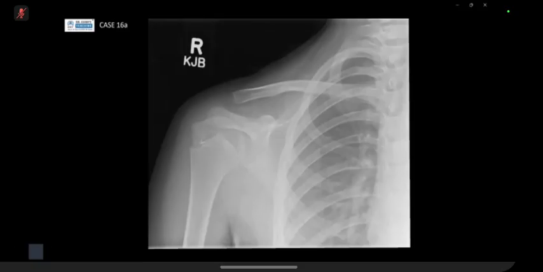I can see a widening of the space of the right acromioclavicular joint. And the right humerus looks good, the epiphysis. The ribs, the trunk.